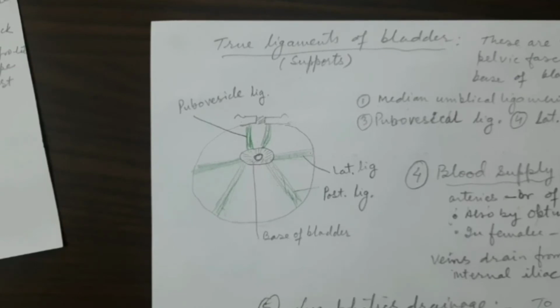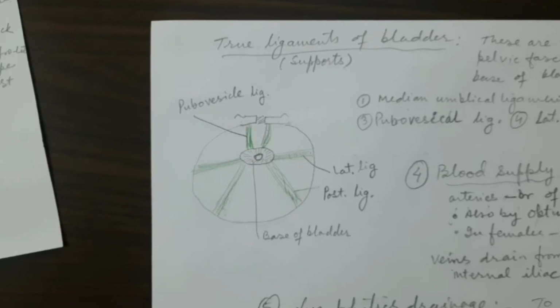Let us come to the venous drainage of the urinary bladder. The veins form a vesical venous plexus. That means a plexus of veins is formed on the base of the bladder as well as near the neck. The base means the posterior surface.